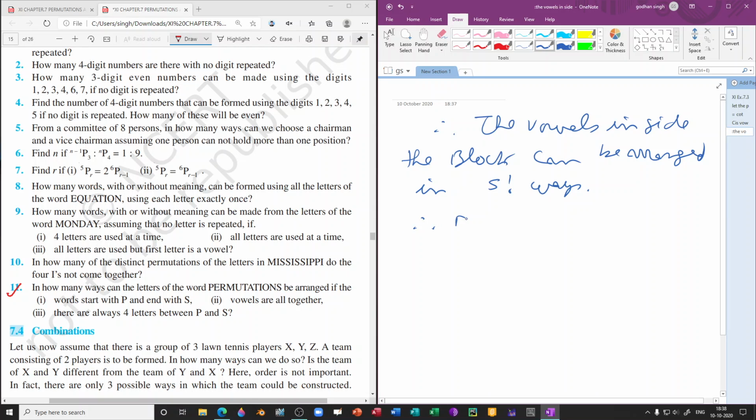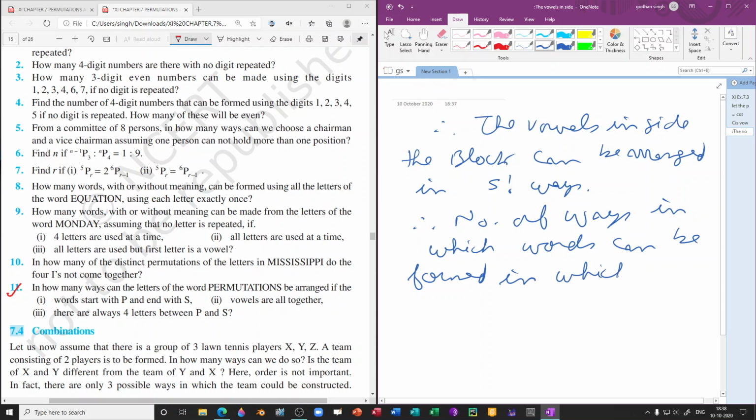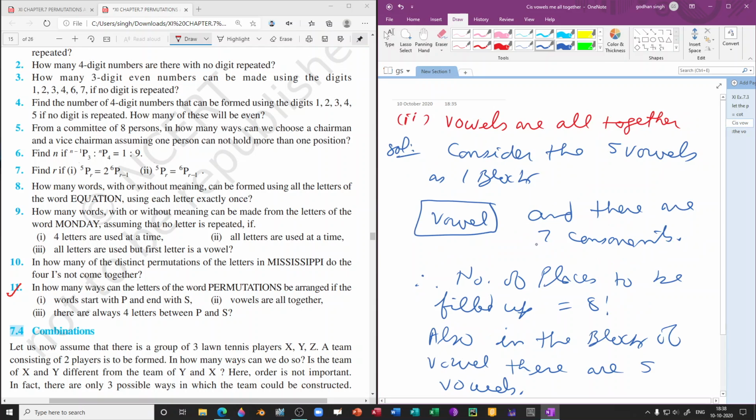Therefore, the number of ways in which words can be formed in which vowels are always together is equal to 5 factorial into, and how many consonants are there?